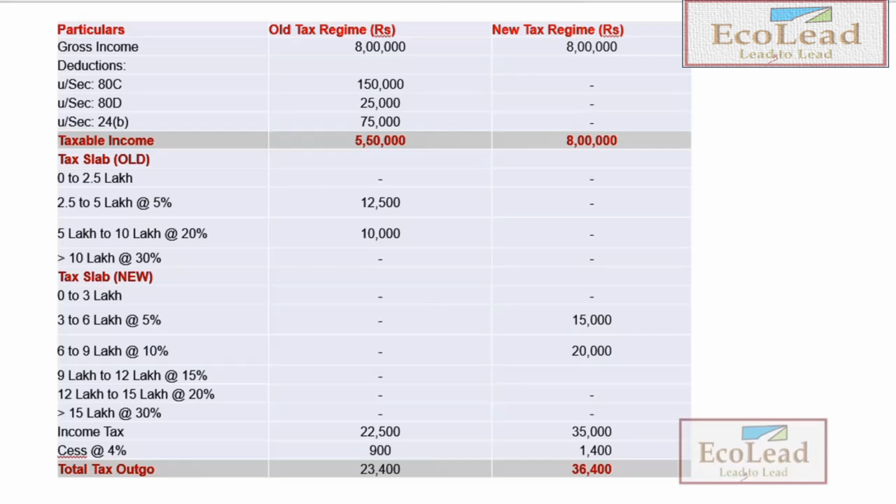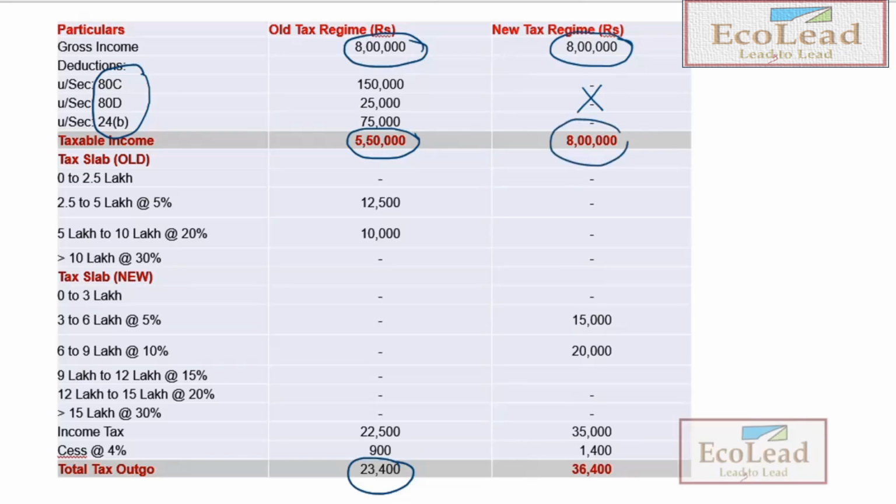You can see here, if the person who is earning 8 lakh rupees per year is capable of investing at least 2.5 lakh rupees in these sections, then definitely the taxable income will reduce substantially, and under the old tax regime the total tax outgo will be only 23,400 rupees.